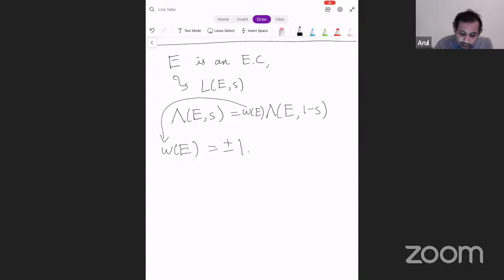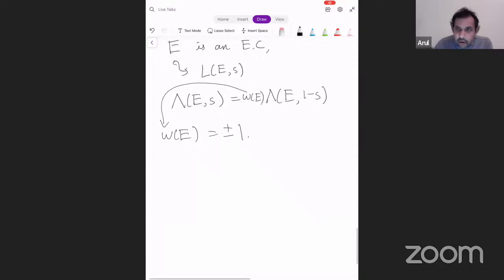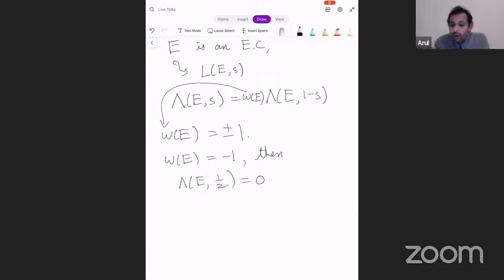Now here's the point. First of all, I'll note some elementary properties. Suppose omega of E equals minus 1, then lambda E of a half must be 0 by the functional equation.